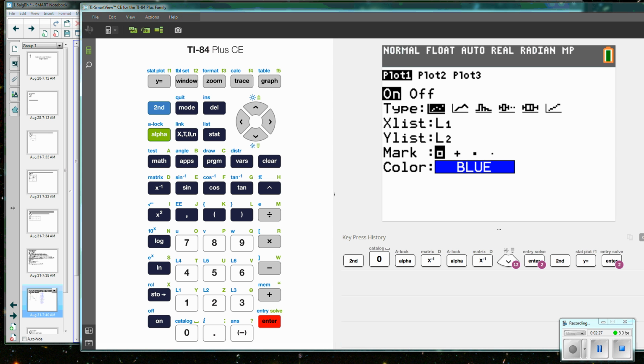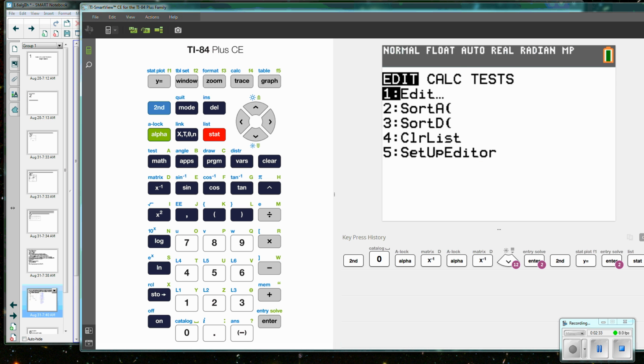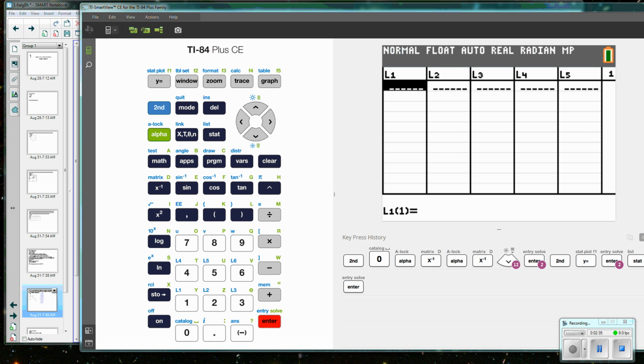The next thing we need to do is put in our data points. To do that, we're going to hit Stat, Edit, and now we're going to put in our data points that we listed before.